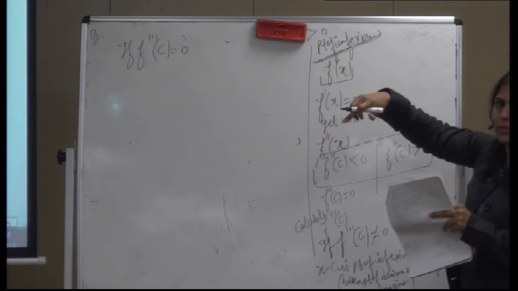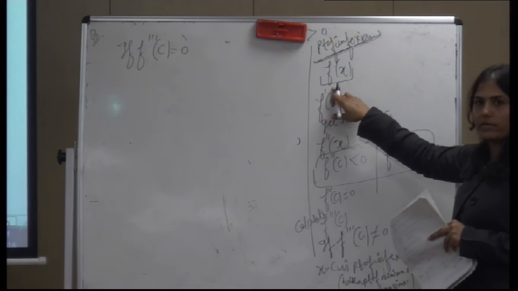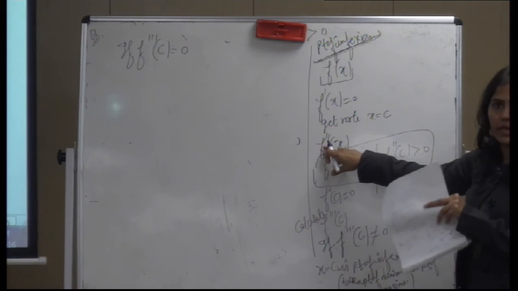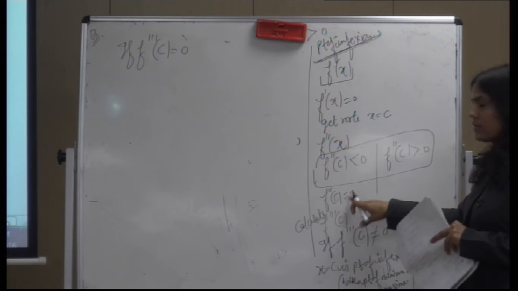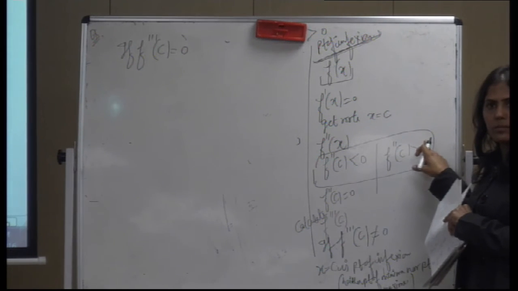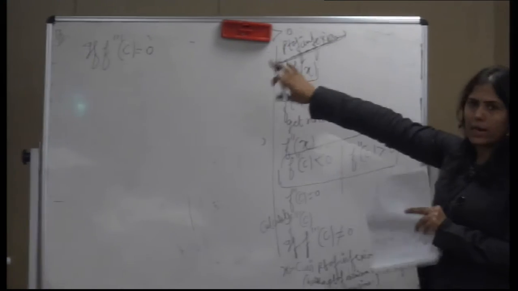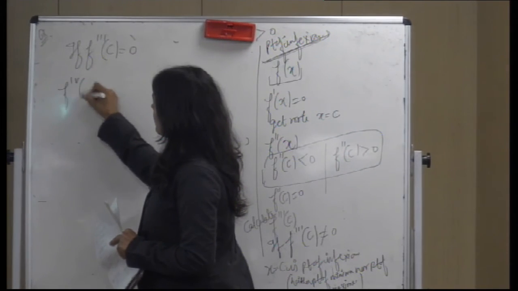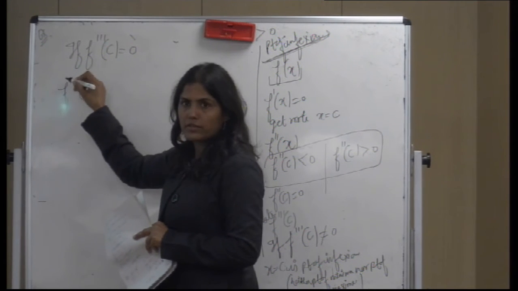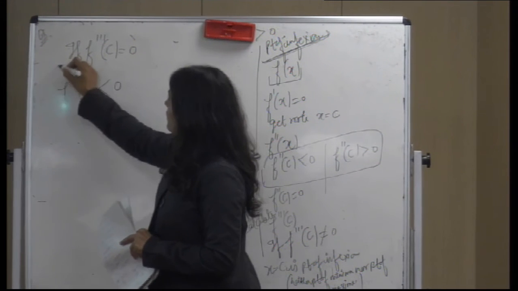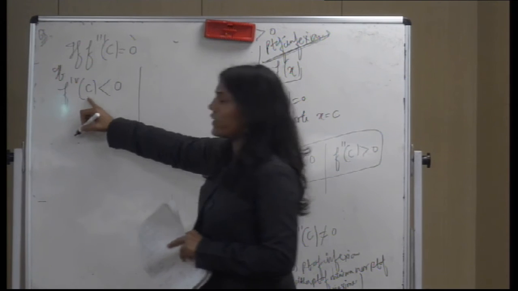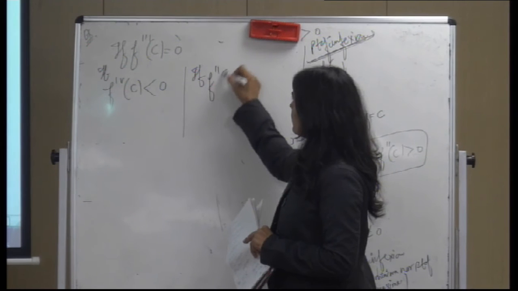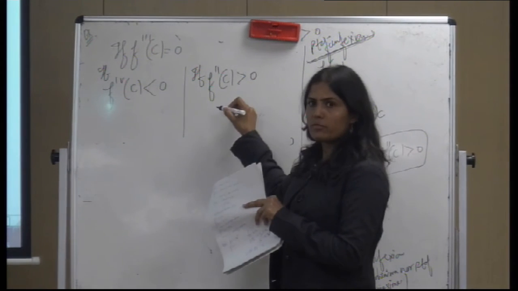What does it mean? Odd derivative 0, you check the next even derivative. Even derivative negative means point of maxima, even derivative positive means point of minima. So now I have my odd derivative 0. So what I will do now is check the fourth derivative. If the fourth derivative is less than 0, it means point c is a point of maxima. If it is greater than 0, it means it is a point of minima.